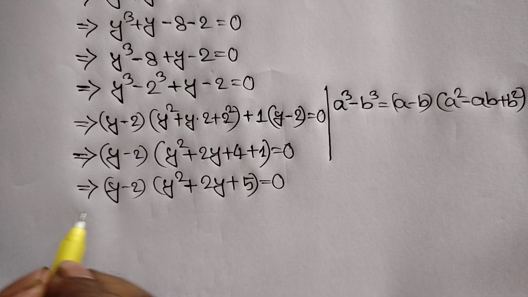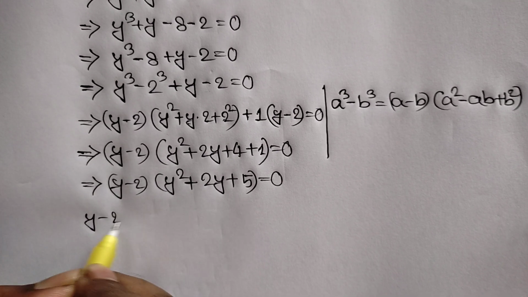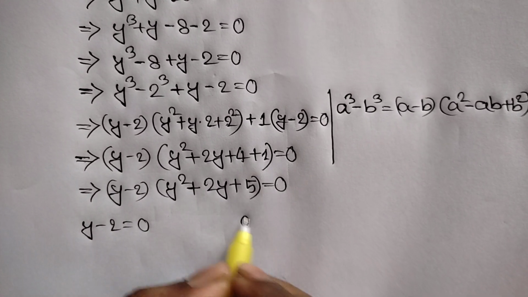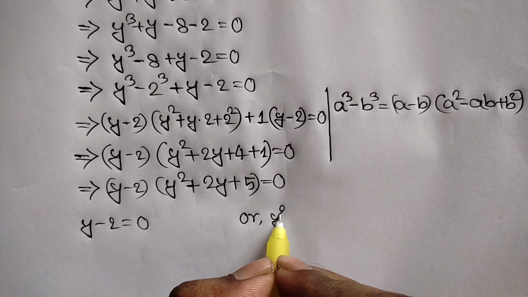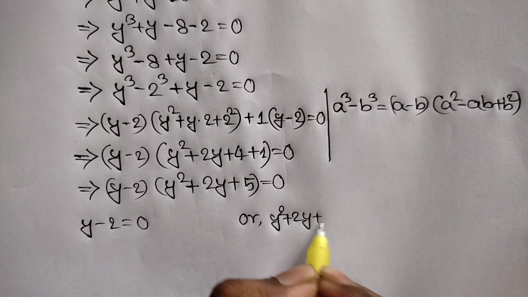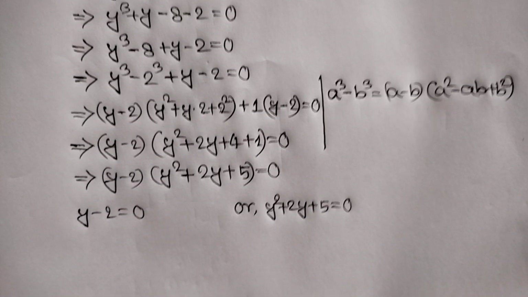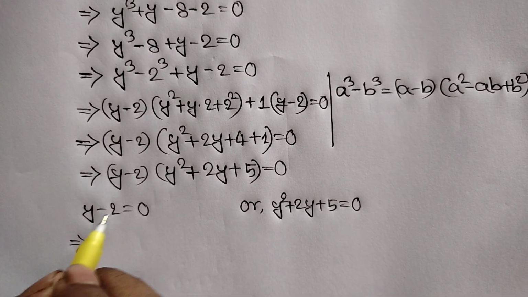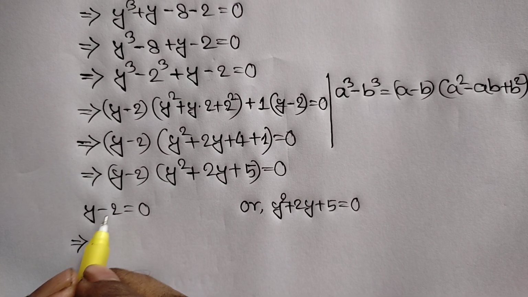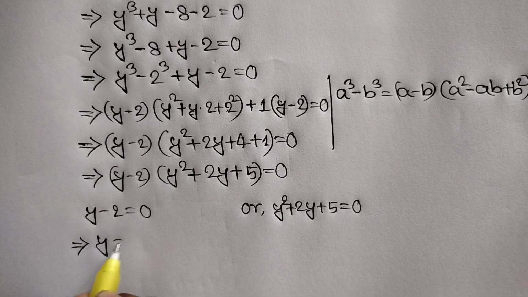Now we can write here y minus 2 is equal to 0, or y square plus 2y plus 5 is equal to 0.